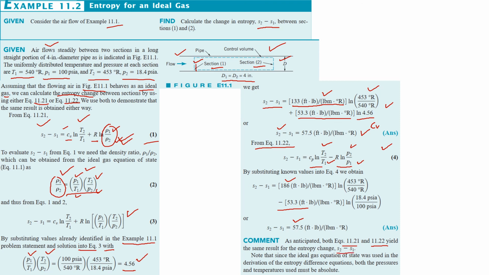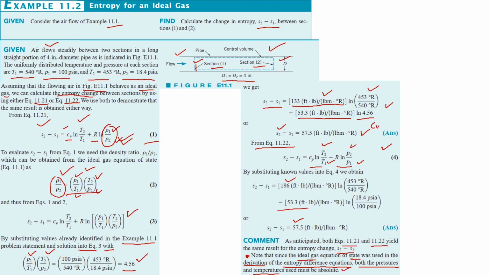And here we have to note one criterion that we are going to apply when we study the compressibility of different fluids in this chapter: since the ideal gas equation of state was used in the derivation of the entropy difference equations, both the pressures and temperatures used must be absolute.